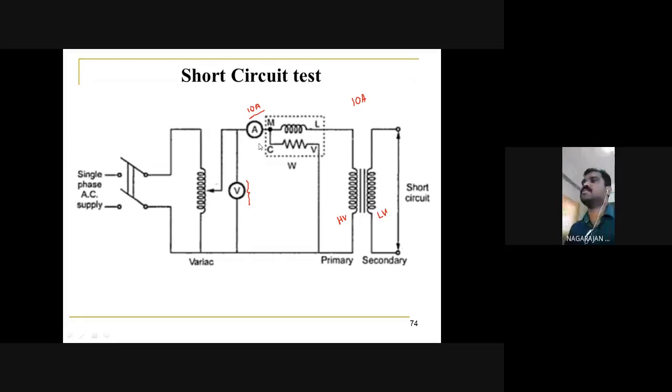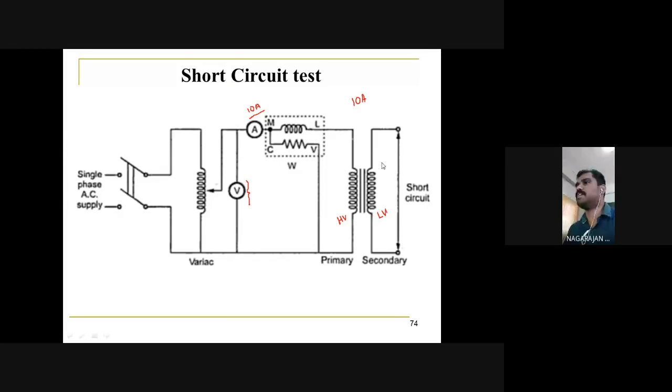For example, if it is 10 amperes, the current passing through the other side will be transformation ratio times of this. If the transformation ratio is 10, the current in the low voltage side will be 100. Or if the transformation ratio is 5, the current in the low voltage side will be 50.